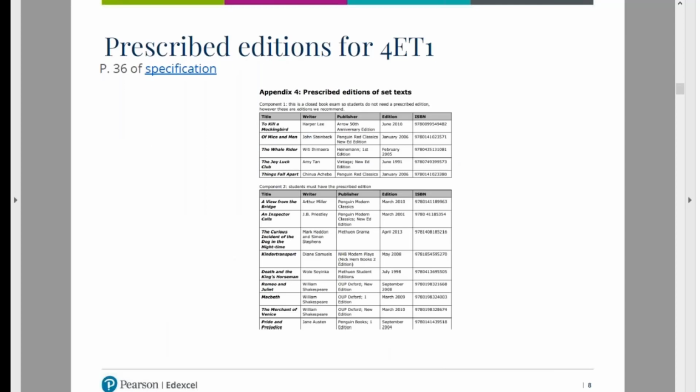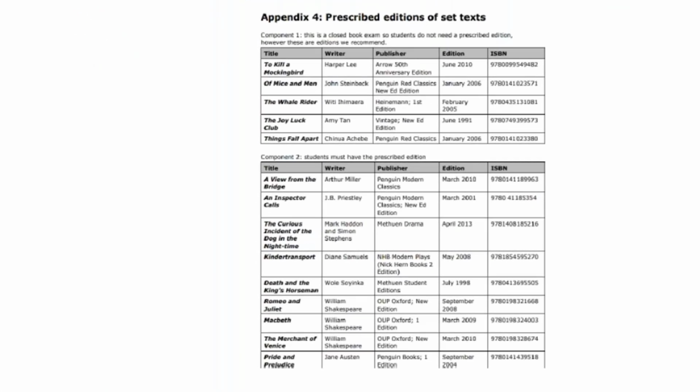I also thought I would just go over the prescribed editions for literature. So these are in the specification. These are the editions used by the examiners to set questions, write the mark schemes with the indicative content, and you'll find them in the specification, and I've reproduced them here. In fact, for component 1, that is a closed book exam.